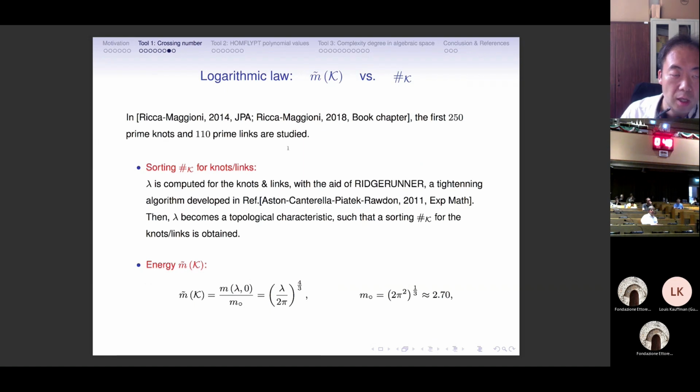Then based on that, one can compute the energy m and use the rope length to sort the knots. Then we have the sorting number, this one.